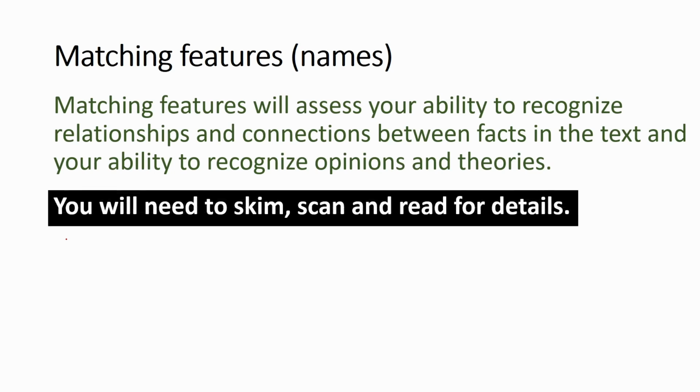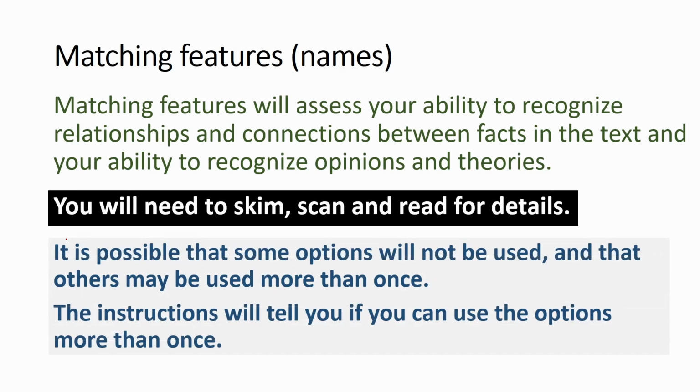You will need to scan and read for details. And it's possible that some options will not be used and that others may be used more than once. The instructions will tell you if you can use the options more than once or not. That's why it's always important to start with reading the instructions.